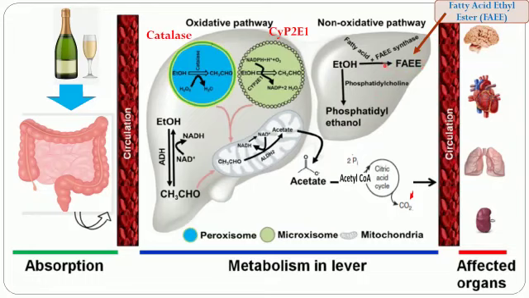These are toxic and give rise to free radicals or lipid peroxidation. These are the organs that may be affected by the end products of ethanol metabolism: brain, heart, kidney, lungs, and intestines.